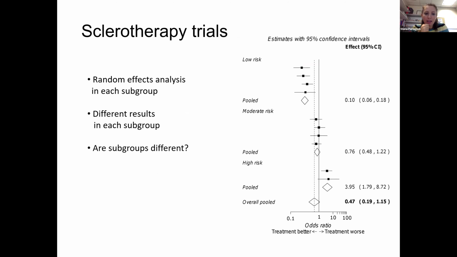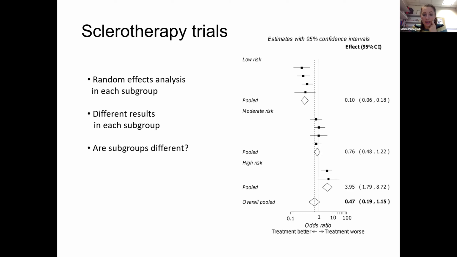In this case, for example, we took into account the risk assessment, the methodological quality of the studies, and this is a new forest plot when you split it according to different risk assessment groups, and you see very different effects according to the quality of the studies.